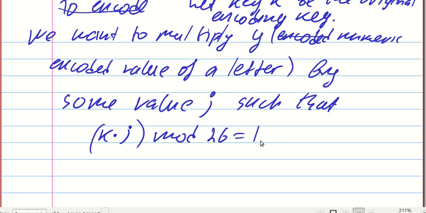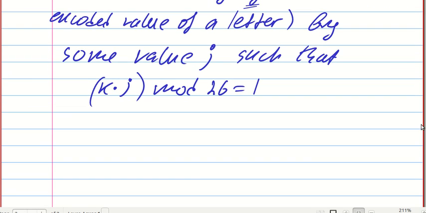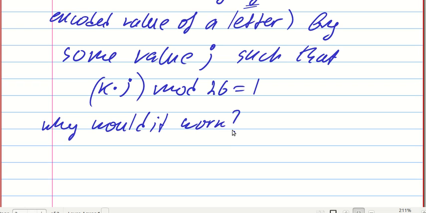Again, k is the original encoding key, and we want to multiply y, the encoded letter, by some value j, which we don't know yet, such that k times j would be 1 modulo 26. The question is, why would it work?